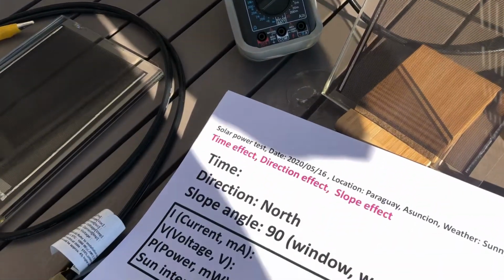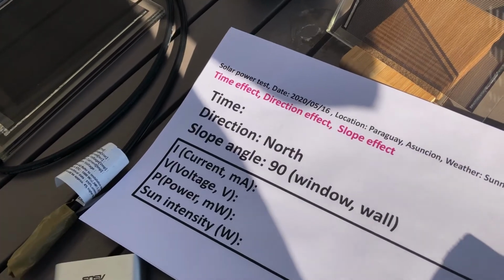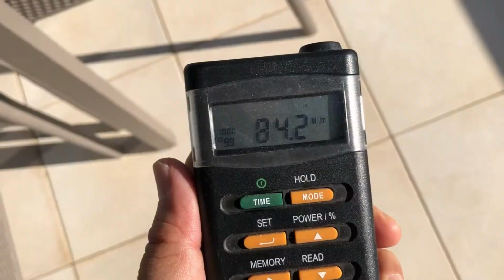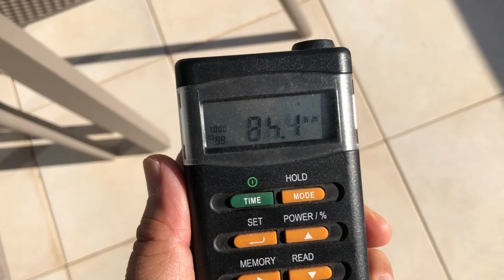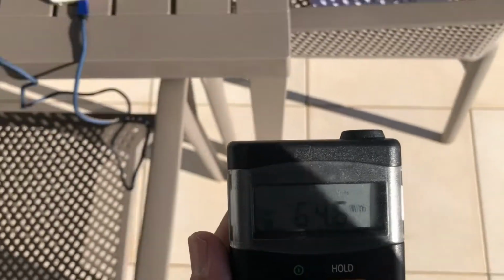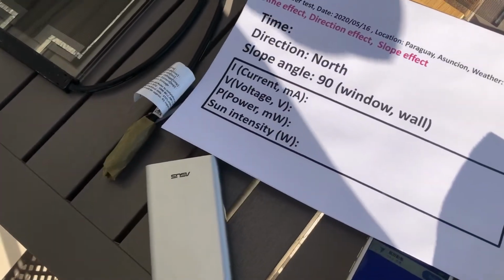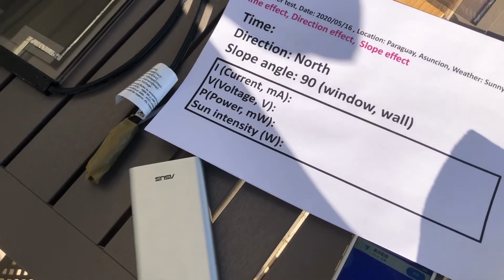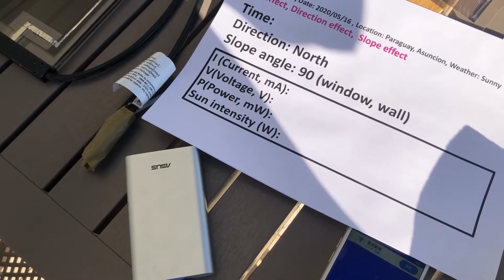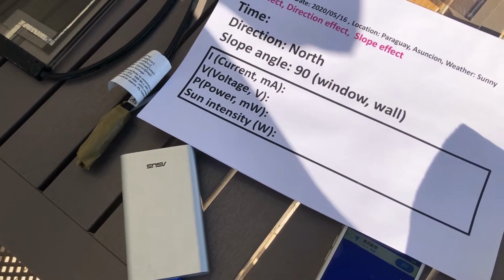And also we will measure the sun intensity. This is the facility that can measure the sun intensity. The sun intensity is the energy from the sun, and the unit is watts per square meter.